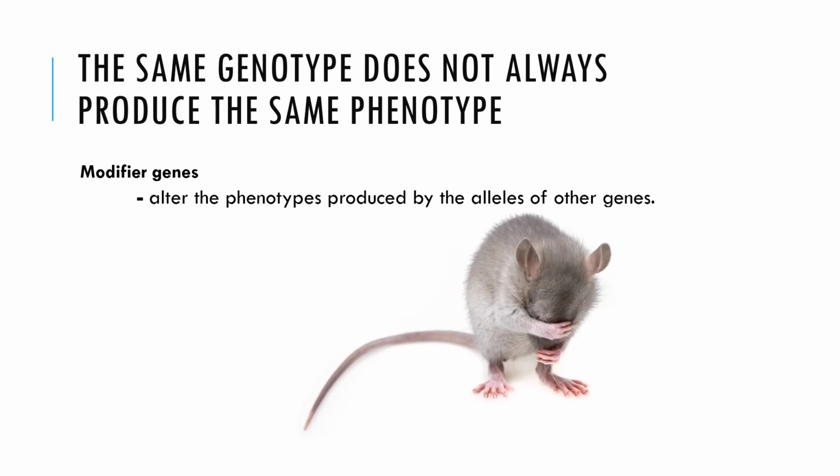The mutant T allele of the tail length gene causes the shortening of the normally long wild-type tail, but not all mice carrying the T mutation have the same length tail. A comparison of several inbred lines points to modifier genes as the cause of this variable expressivity. In one inbred line, mice carrying the T mutation have tails approximately 75% as long as normal tails.